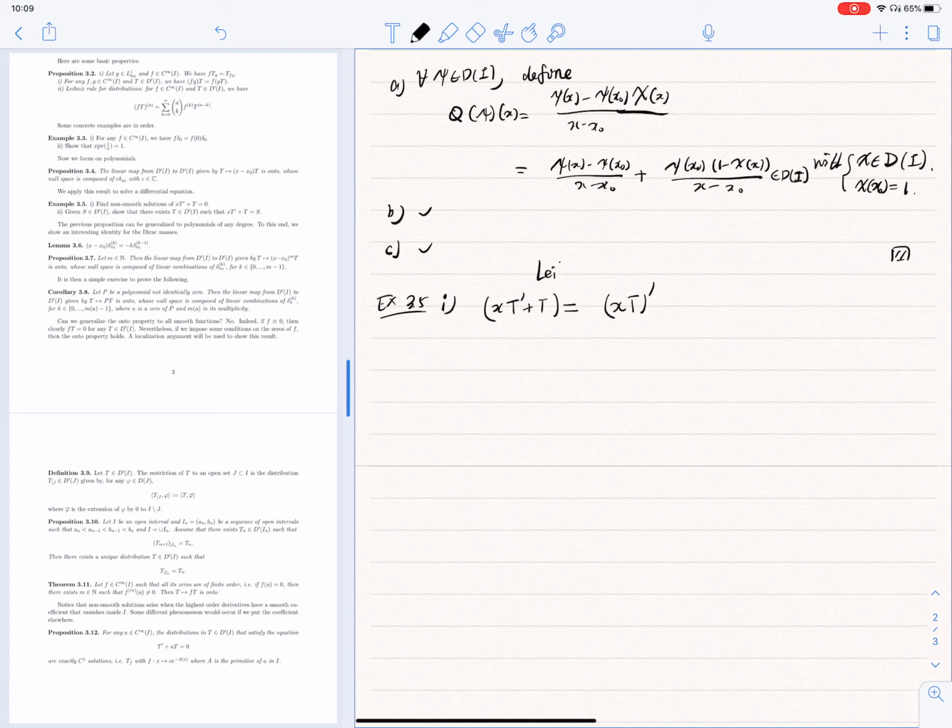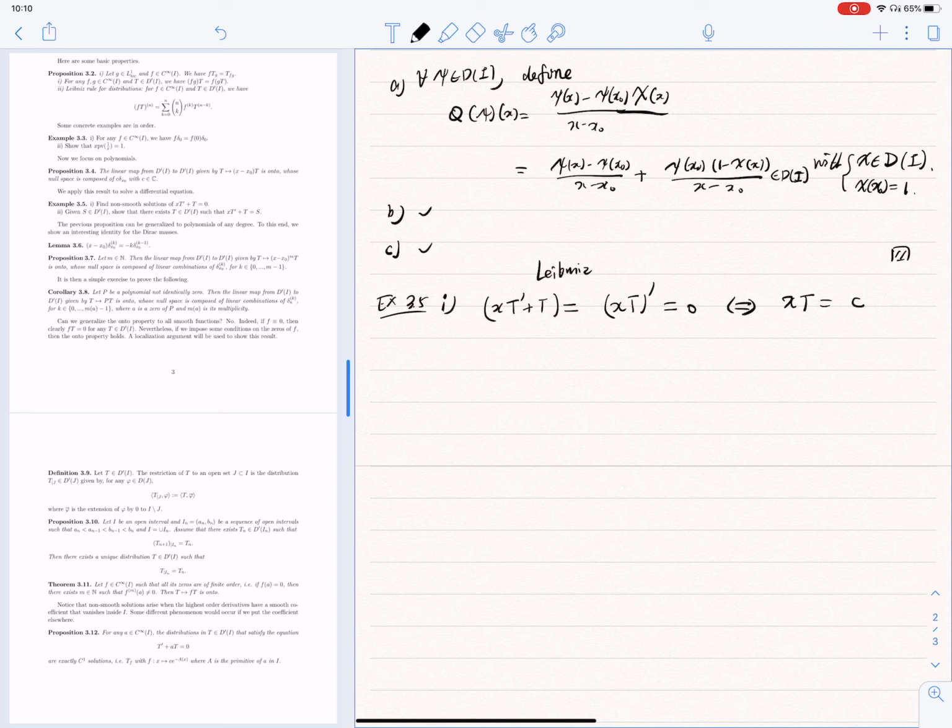So here we have used the Leibniz rule, and hence the equation can be written as the derivative of something is equal to 0. And this way we know how to solve it. This means that, equivalently, xT must be a constant, the distribution associated with a constant. We can call it T_C or just put a C over there.